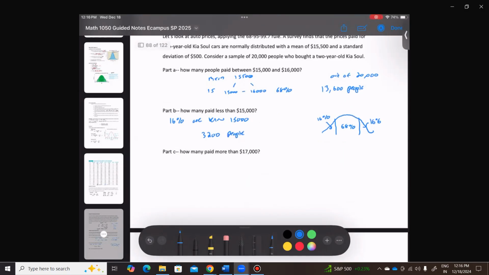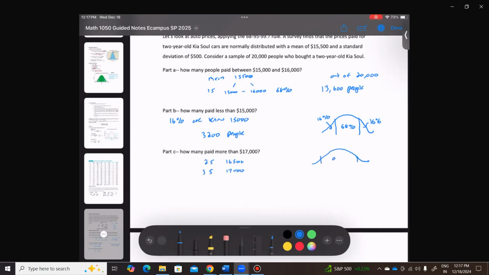And more than 17,000 is also going to be 16%. Oh, I'm sorry. Hold on a second. That's 17,000, not 15,000. Not 16,000. So 17,000. We have to look at where that falls. So 2 standard deviations away would be 16,500. 3 standard deviations away would be 17,000. So for this one, we're looking at 3 standard deviations away.